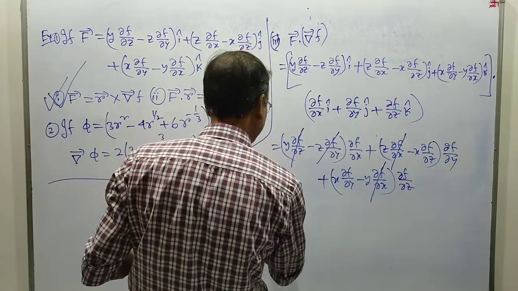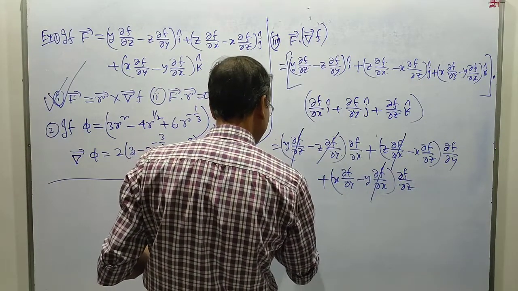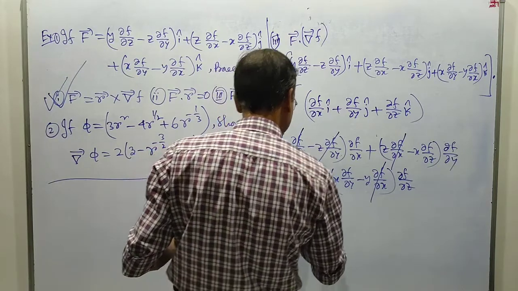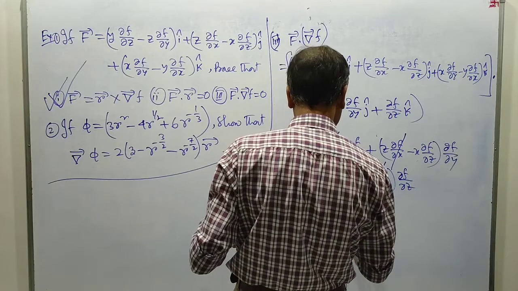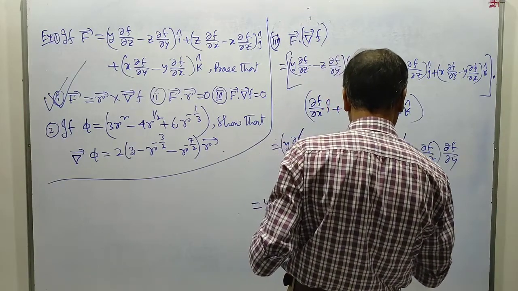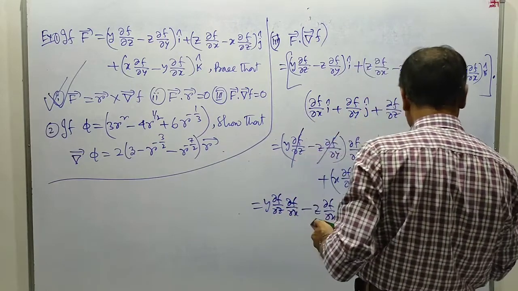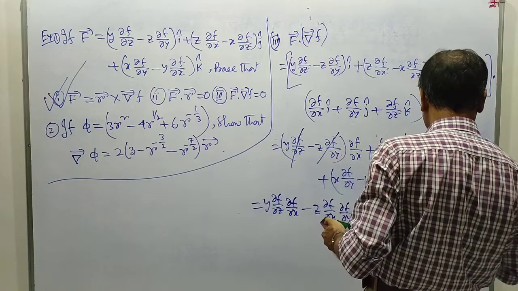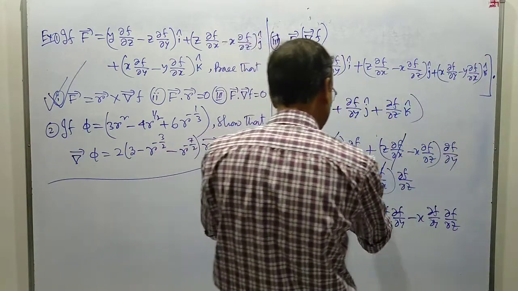And also you may write like this: minus x ∂f/∂z ∂f/∂y plus x ∂f/∂y ∂f/∂z, and these two terms will also be cancelled.